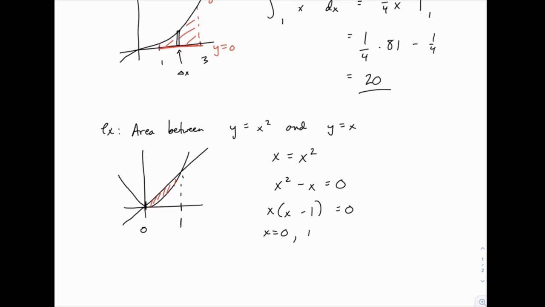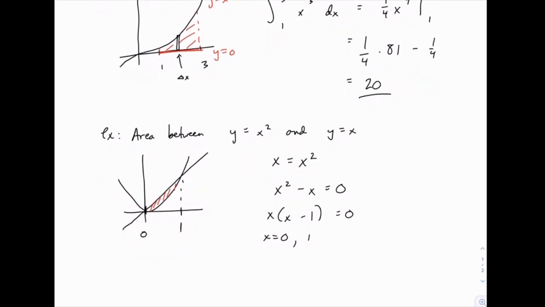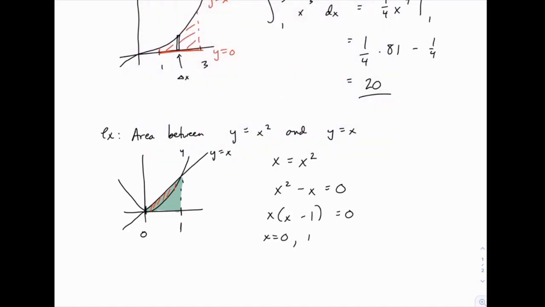So if we want the area between two curves, looking back at what we did earlier, where we found the area beneath one function, we can use that to apply to this one. If I want the area between them, we can find the area under the upper function. In our case, the upper function is the straight line y equals x. If we found that full area, and then we found the area underneath the lower function, in our case that's y equals x squared.